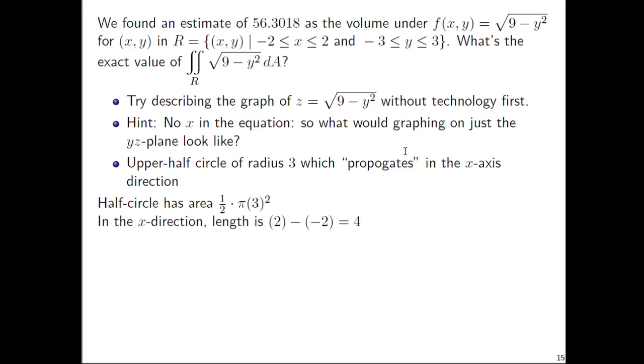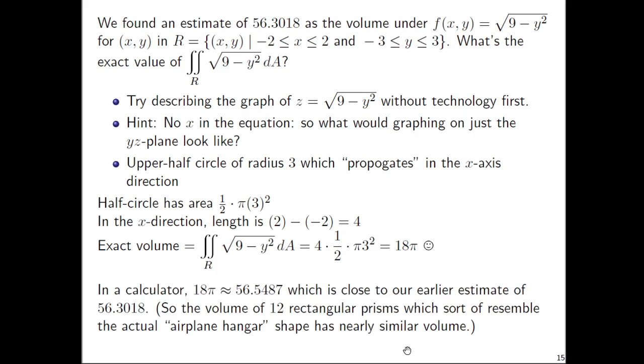But we have many, many copies of this half circle area because it propagates in the x direction. X, remember, ranged from -2 to +2, so for an entire length of 4, we have that. So the exact volume should be 4 times the area of the half circle, times 1/2 times pi times 3 squared.